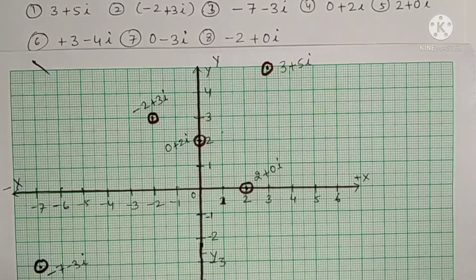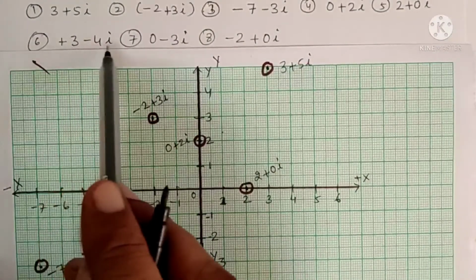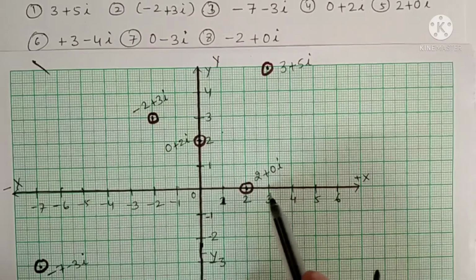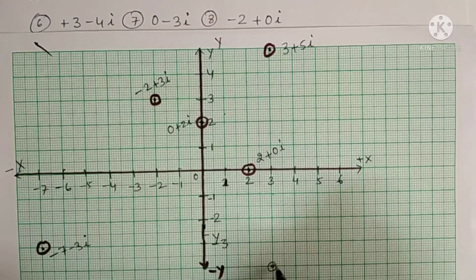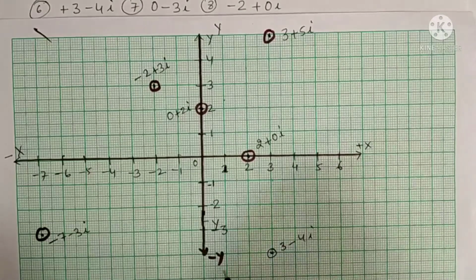All of you understand? Next is 3 − 4i. x is 3 and y is −4: 1, 2, 3, 4. This point is 3 − 4i. Will you understand this point?